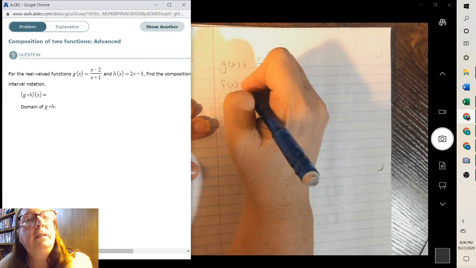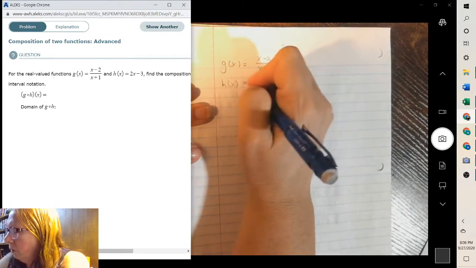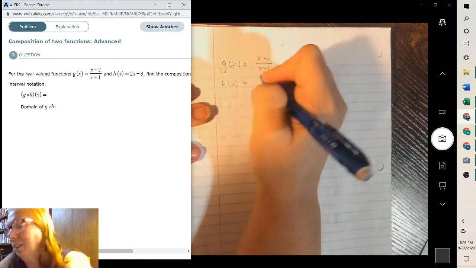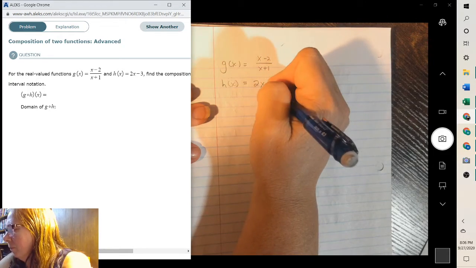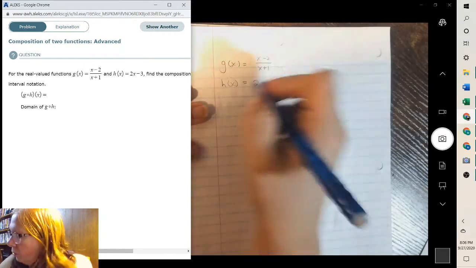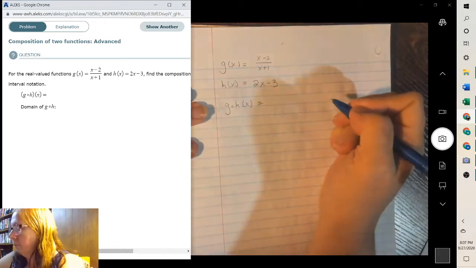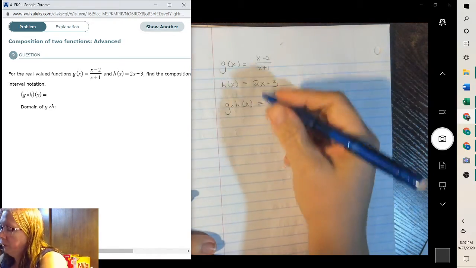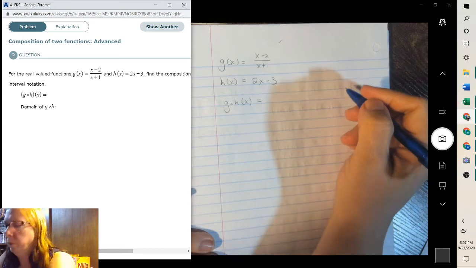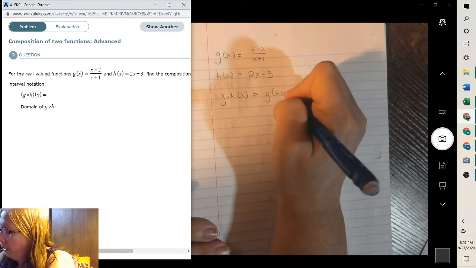F of x, or h, I want to do f, h, 2x minus 3. And they want g of h of x. We're going to do both on this one so you can kind of see the difference, hopefully.